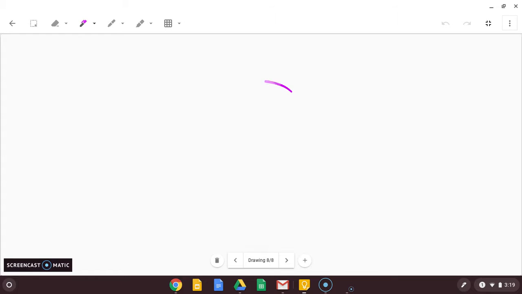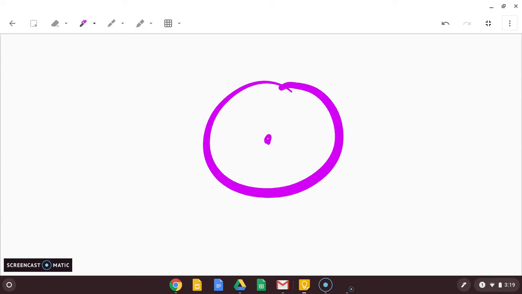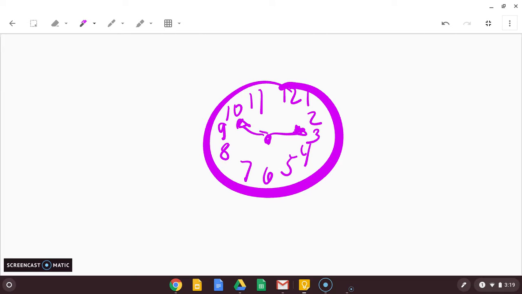All right, so I'm going to draw another clock, and I'm going to put 9:15 on this clock to help us out. So we have 9:15. We got to count backwards 25 minutes. I'm going to count backwards by 5s because that's what they count by. So 5, 10, 15, 20, 25.